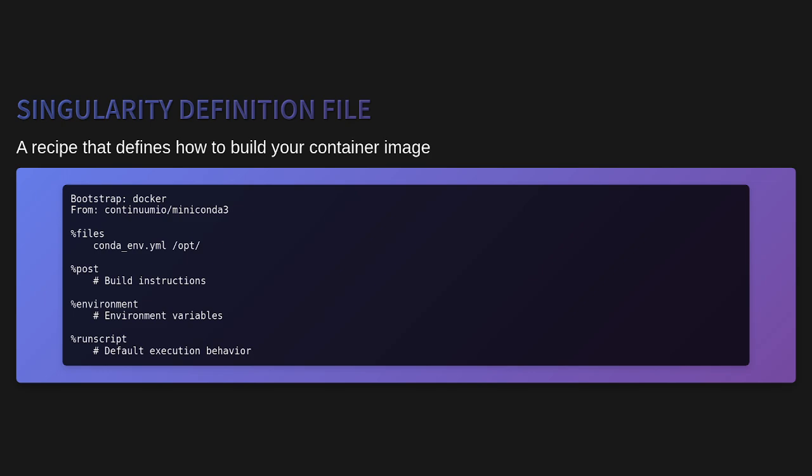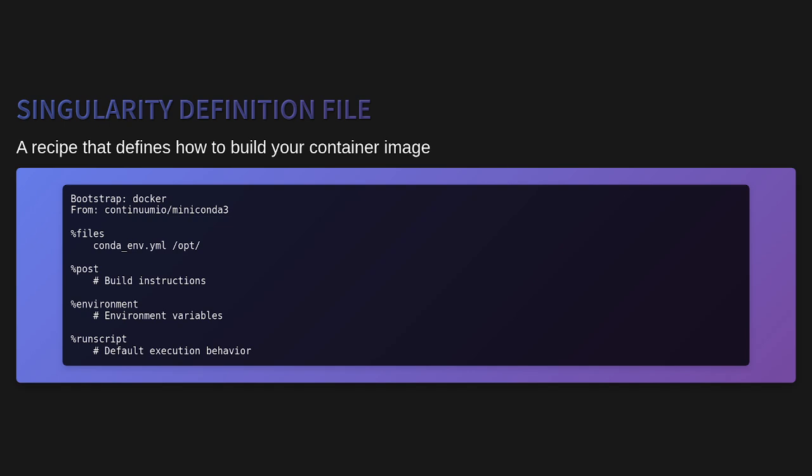The second part of the file has sections used for making copies, and in the post section, you put the build instructions. In the environment section, you can define environment variables, and the run script allows you to run a specific command each time you run the image.